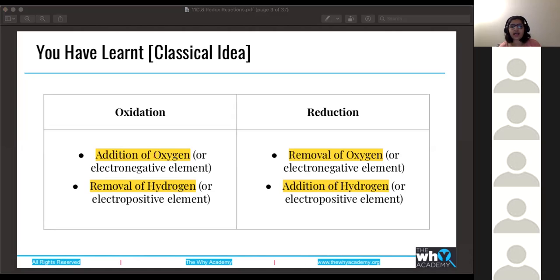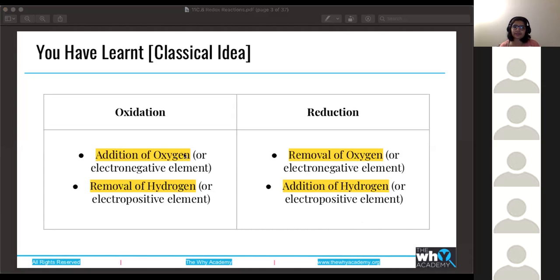But as time went on, obviously there were changes made to the definitions, and the idea of oxidation and reduction got a little more sophisticated. Oxygen is one of the most electronegative elements in the periodic table, the second most electronegative.